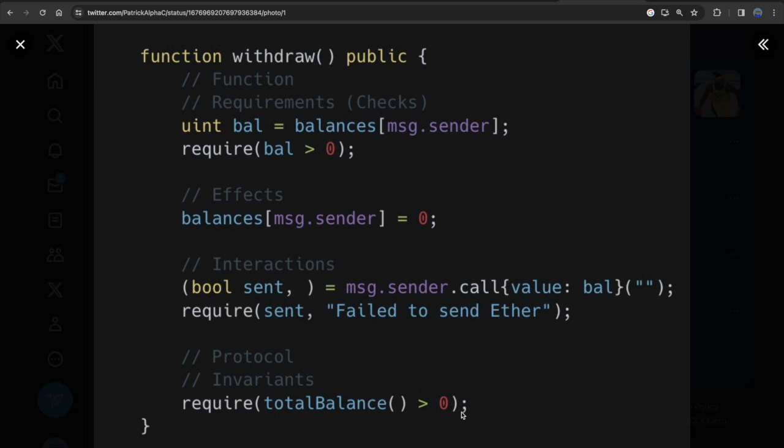So in this invariant, we want to make sure our total balances is greater than 0 after this withdrawal has been made. So if the attacker were to somehow bypass these, this require statement would reject this attack, because the protocol invariant was broken.